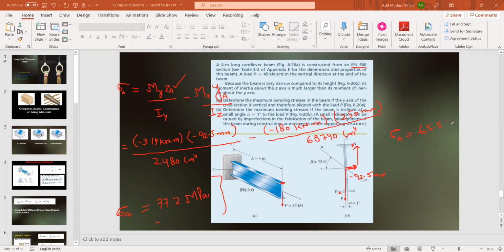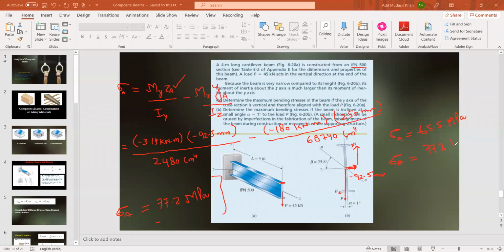Now when the beam is inclined, the stress at point A comes out equal to 77.2 megapascal. The stress has increased.